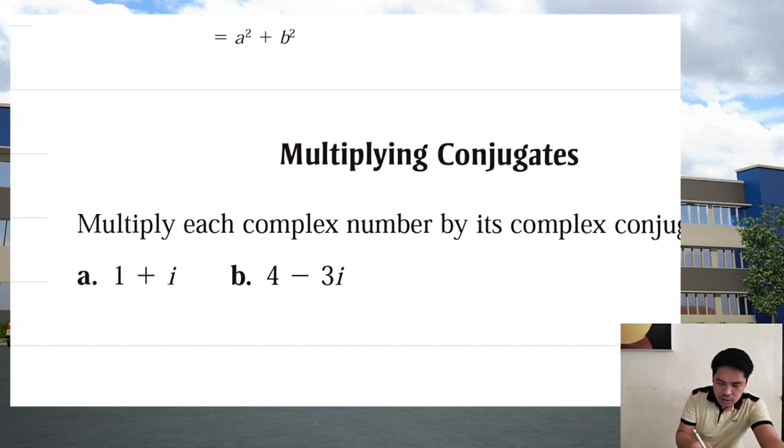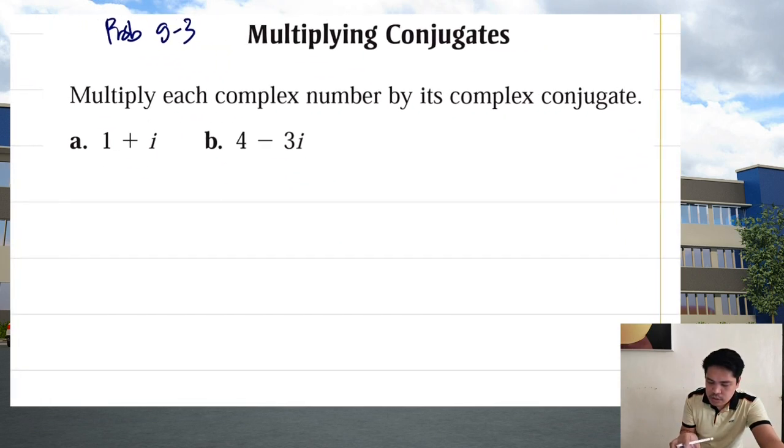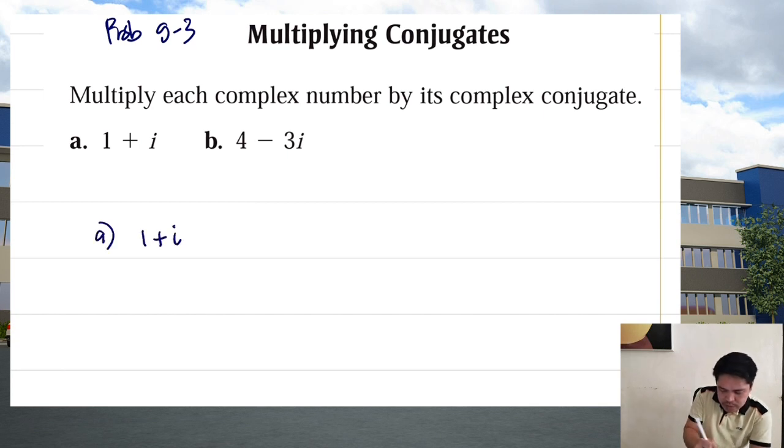Now let's try to take a look at this. This is problem 9-3. Multiply each complex number by its complex conjugate. Again, that's too easy. For letter A, we have 1 plus i. So if we have this, again, ito na naman yung formula natin, di ba?